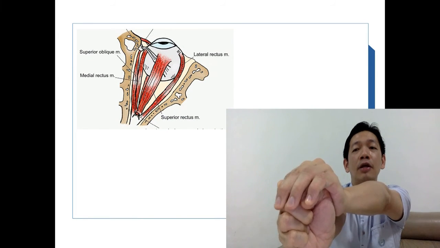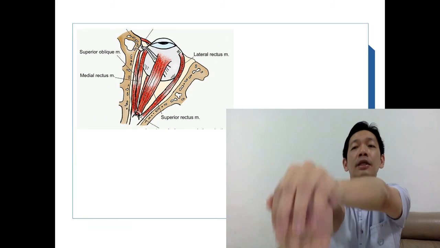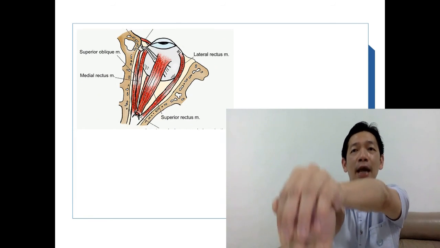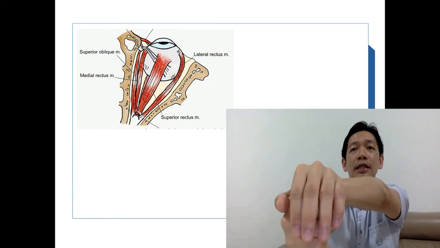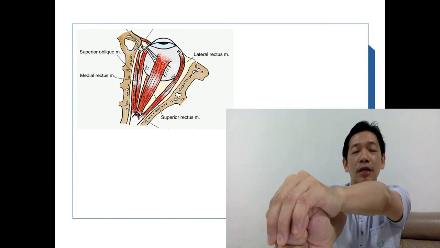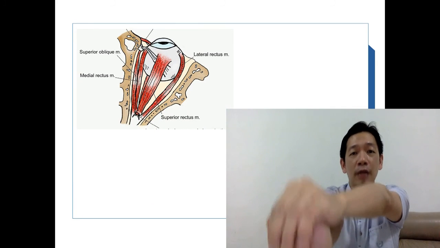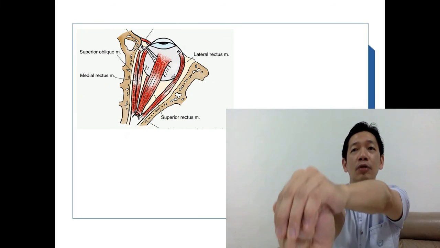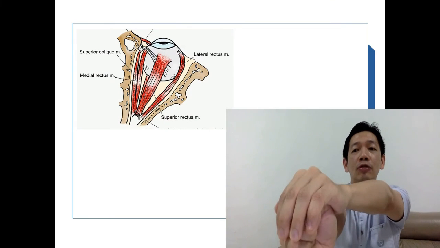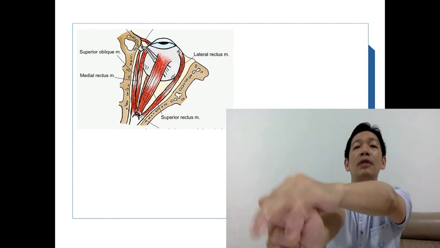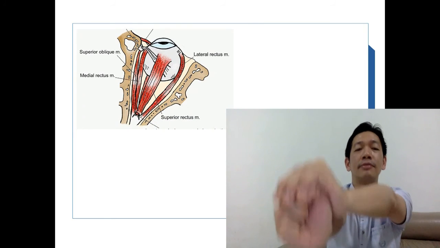So you always have a statement: the maximum elevation of your superior rectus muscle happens when the eye is in the abducted position. It's because of these angulations. So the cardinal position of your right eye, looking up and out, is the responsibility of your superior rectus muscle.